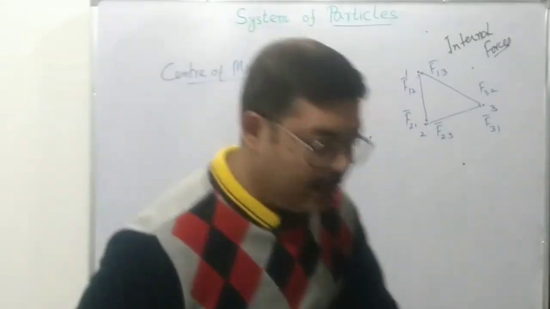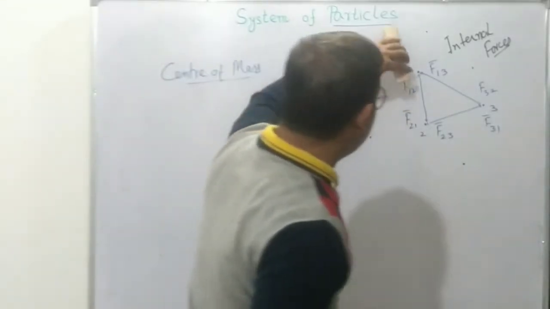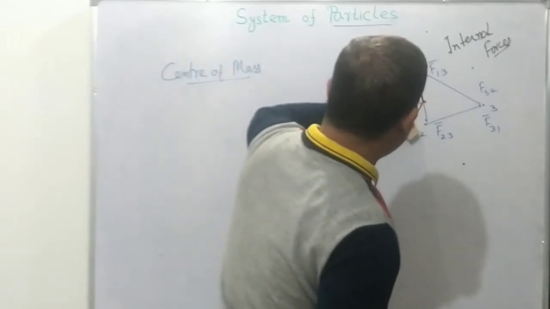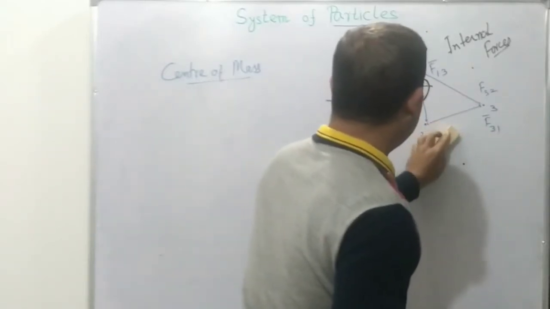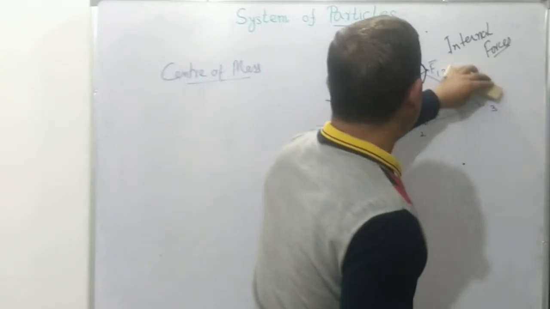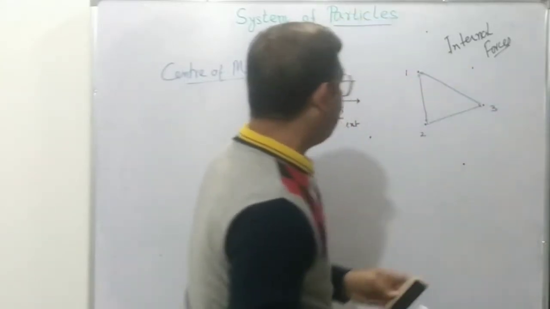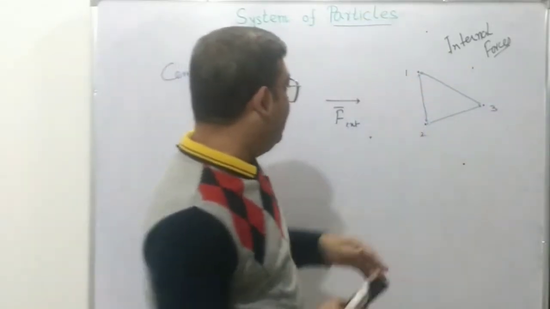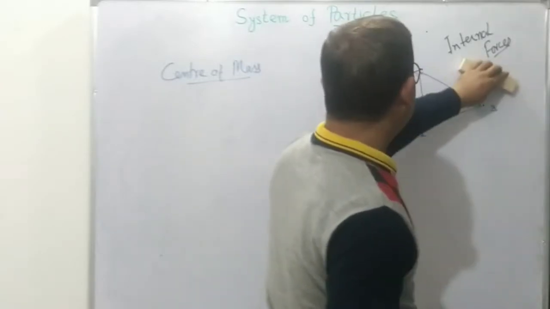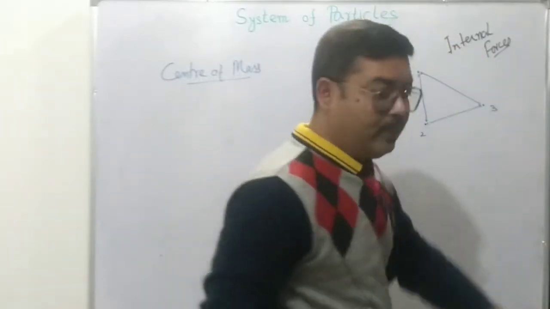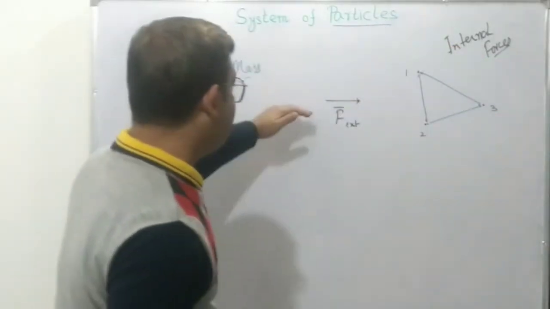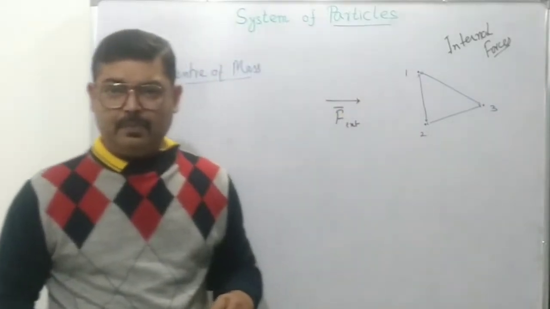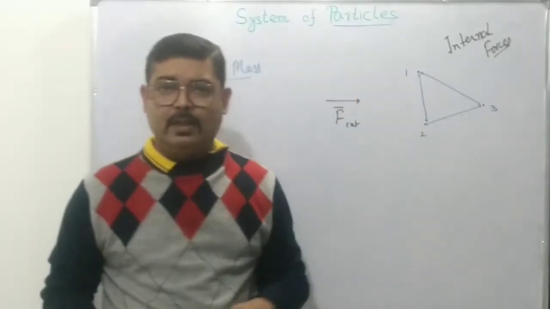And also, if we neglect the internal forces because they do not cause any kind of motion, still in this system of particles, the three particles, when we apply the force from outside, the external force, the system will behave in a certain way, right?